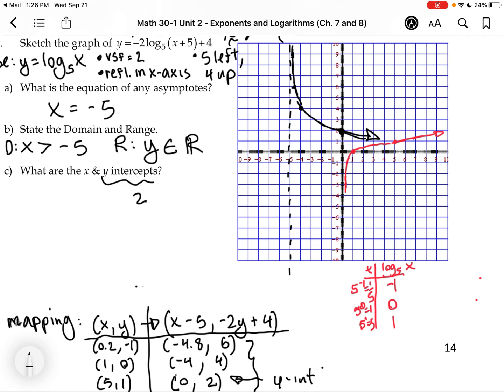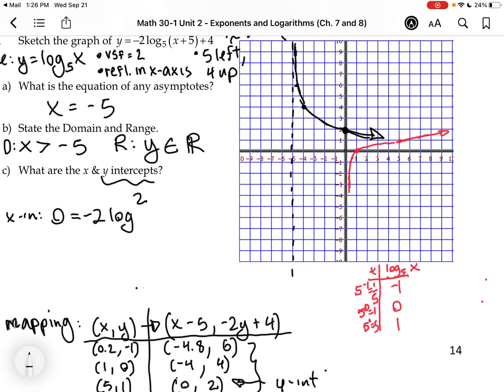To get the x-intercept, again, the x-intercept is when y equals 0. So if you set 0 equal to the function, negative 2 log base 5 of x plus 5, plus 4, essentially what we want to do to solve this is isolate the log, and then you can switch into exponential form.